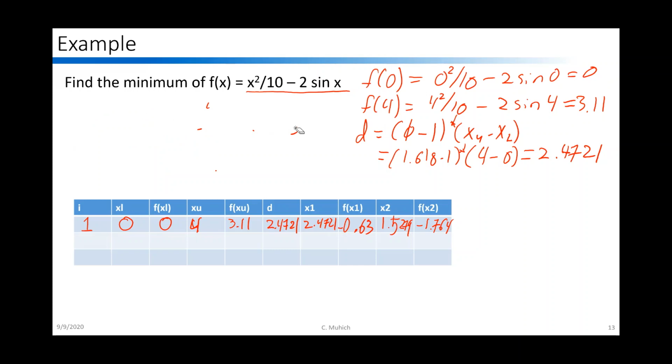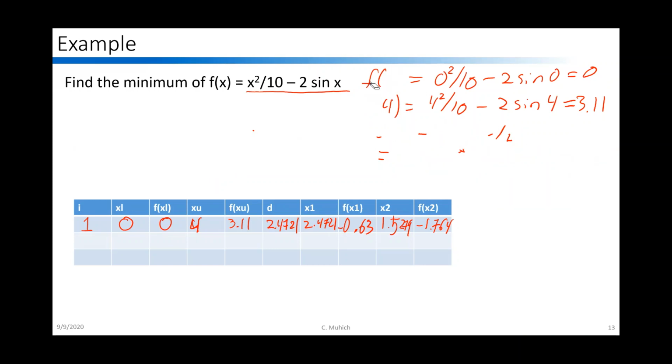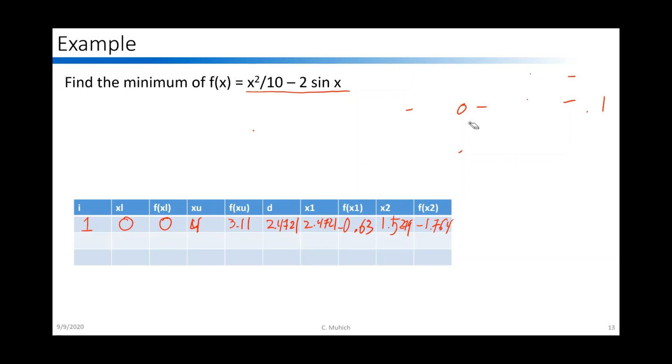So we want to look at the sets of triplets. Our first set is triplet 1, which is x lower, x2, x1.